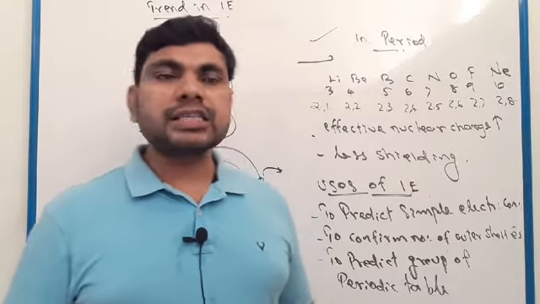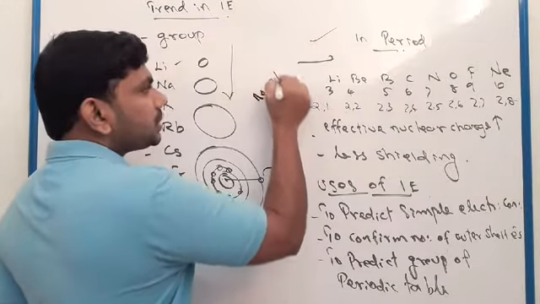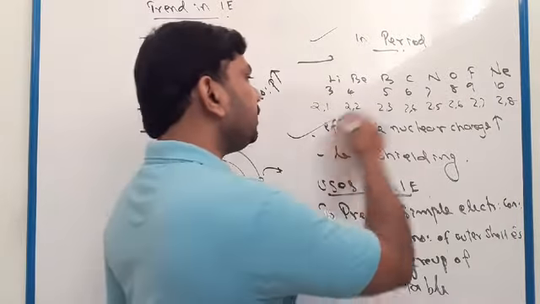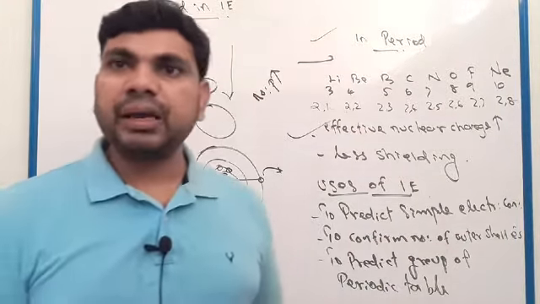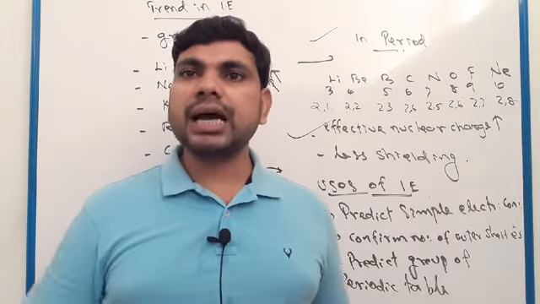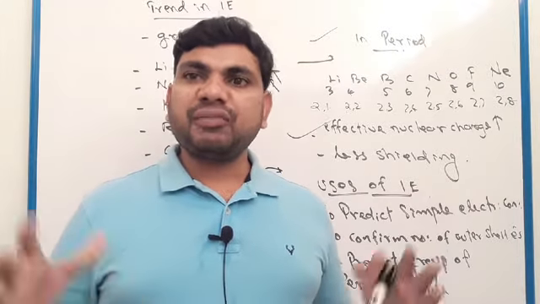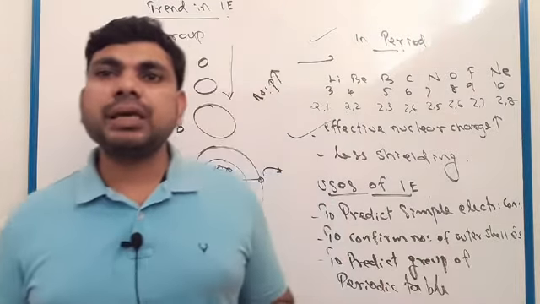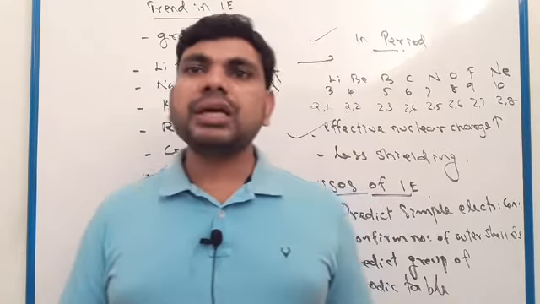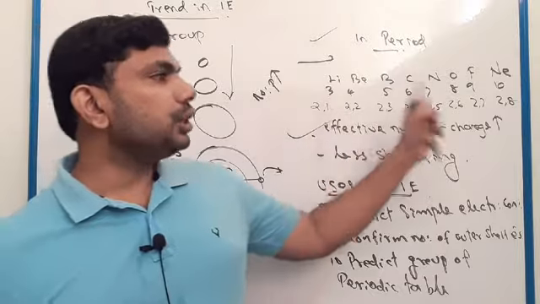Atomic number increases means number of protons increases. Number of protons increases means effective nuclear charge increases. Effective nuclear charge increases, so attraction between nucleus and outer shell electron increases. Okay, so there is much more attraction between nucleus and outer shell electron from lithium to neon.